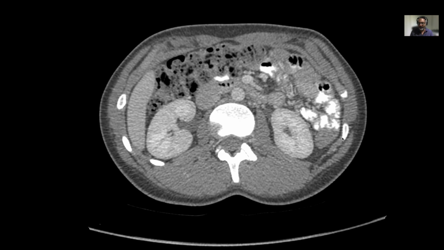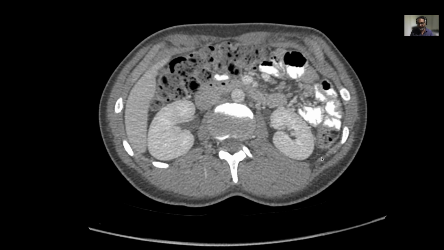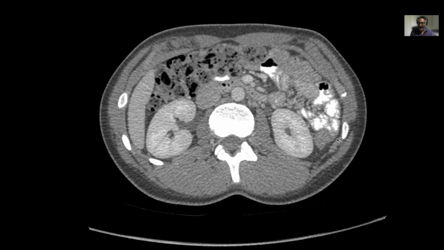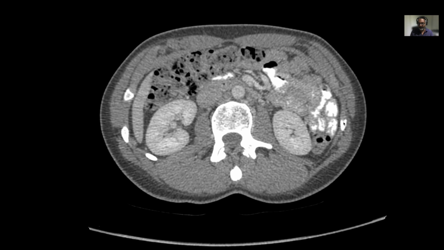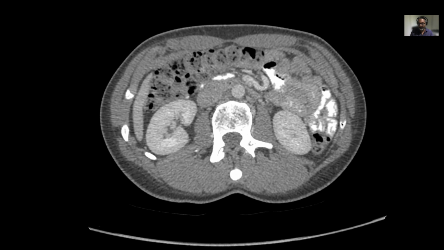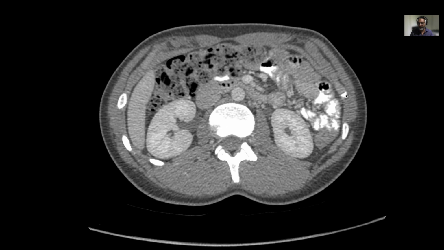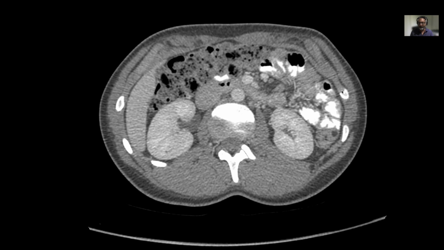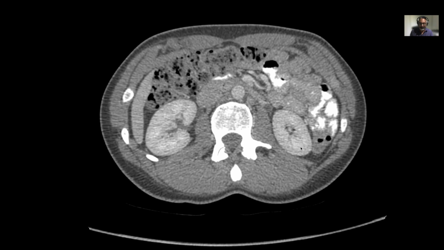If these are the last two ribs, so if that's 12 and that's 11, they will just vanish into soft tissue because they don't have a costochondral joint. This one will also vanish right there. That does look like a bit of a costochondral joint, but rib 10 will have a costochondral joint, and that is part of the costal cartilage, which will go further up and then join into the sternum.